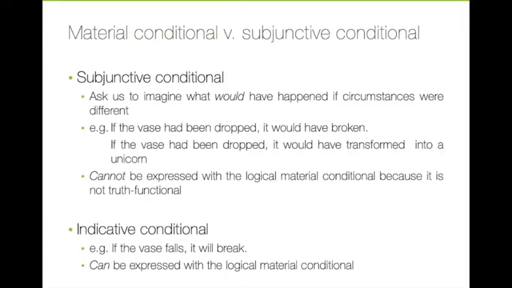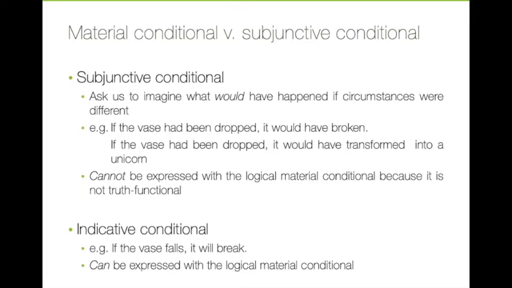Another example of a non-truth-functional connective is called the subjunctive conditional. This is an if-then statement that doesn't fit our mold for the logical conditional we've studied. Subjunctive conditionals ask us to imagine what would have happened if circumstances were different. So, for example, we might hear, if the vase had been dropped, it would have broken.